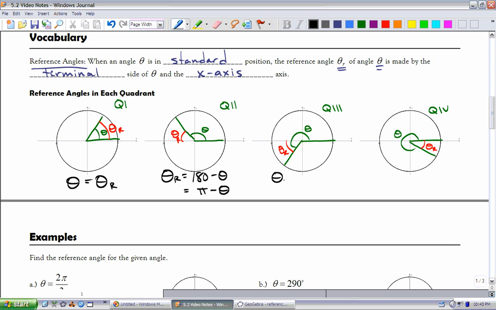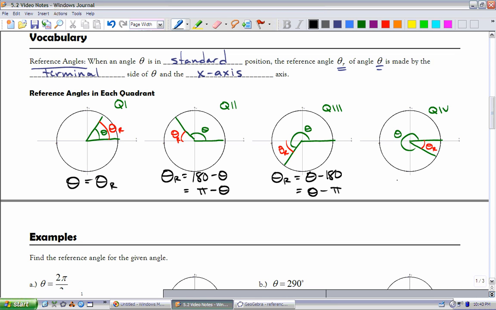In the third quadrant, my reference angle will equal theta minus 180, you can just look at the picture and see this, or theta minus pi.